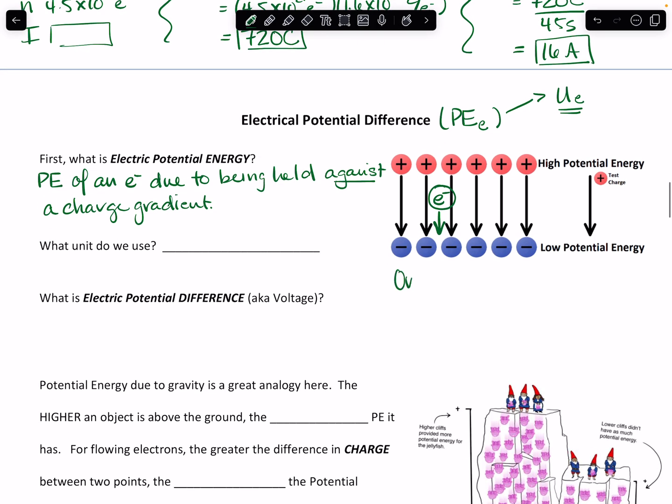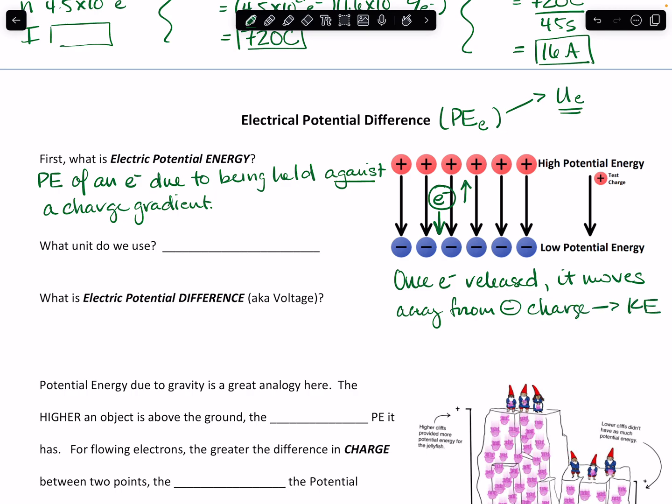All right, but once the electron is released, so let's say however I'm holding it in place, I release it, it is clearly going to move. It's going to immediately go towards these positive charges because that's what it's attracted to. So it moves away from those negative charges, which means if it's moving, it now has kinetic energy.